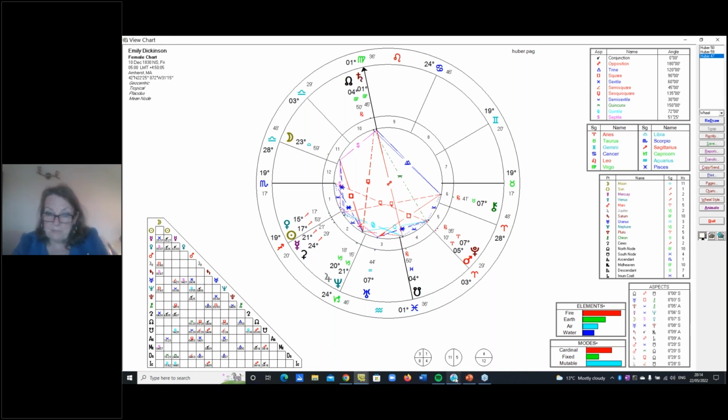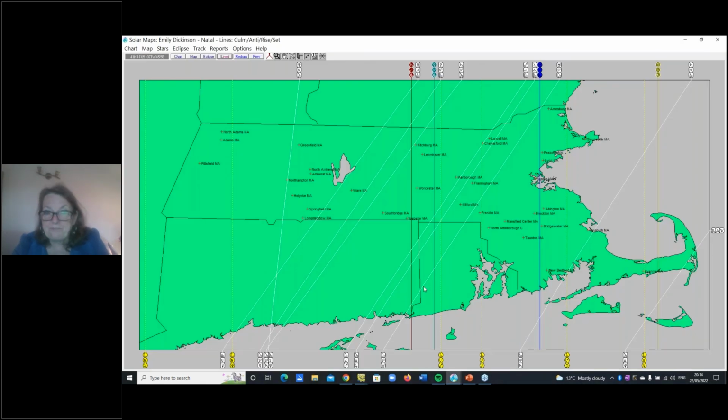So when we look at her astrocartography, this is her map. Amherst is just here. It's just slightly over from Framingham. So these are the planetary lines that she has going through there. What's interesting is you can see that she's got Jupiter trining her descendant. So she's within 7 miles of that.